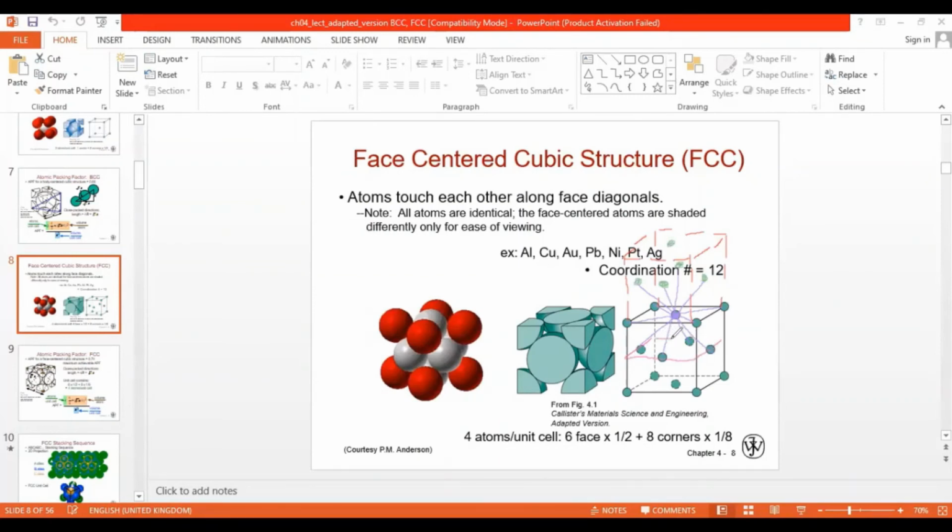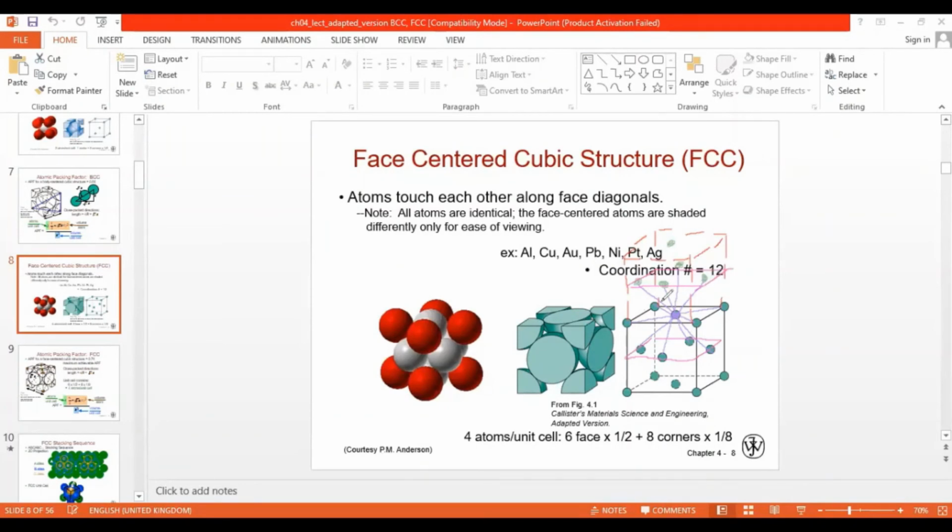This will form a plane, probably at the mid of this cube. All right. So like this. Right. So all these distances are equal. All these 12 distances are equal. So this is how we draw this coordination number. In this plane I have 4. On this cube I have 4. And on this cube I have 4.